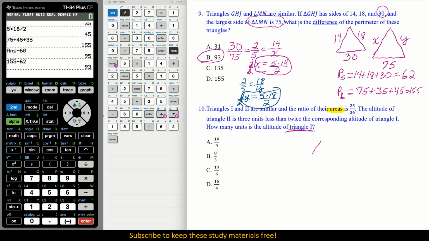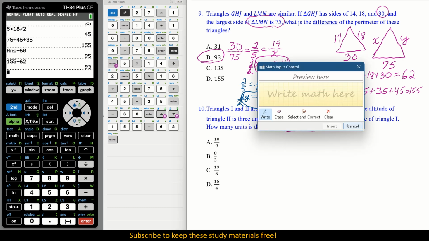So what we want is triangle 1, and we want the altitude. You know what, let me see if I can draw this.